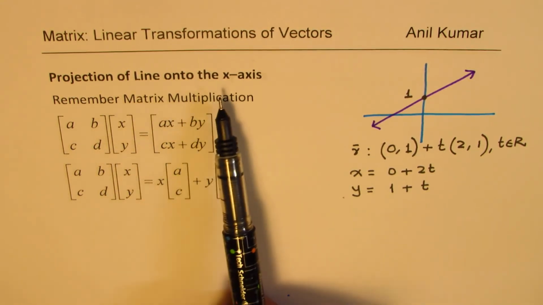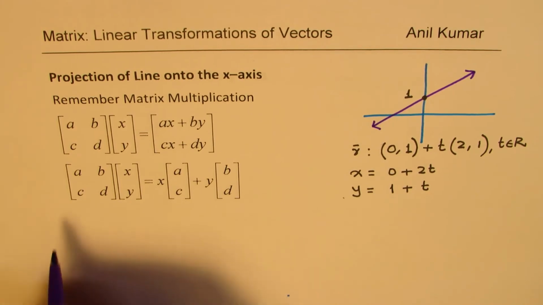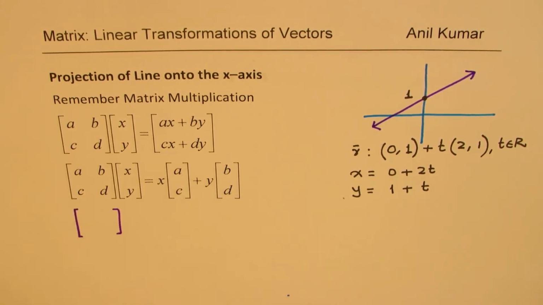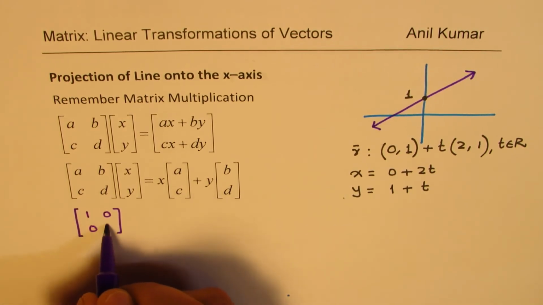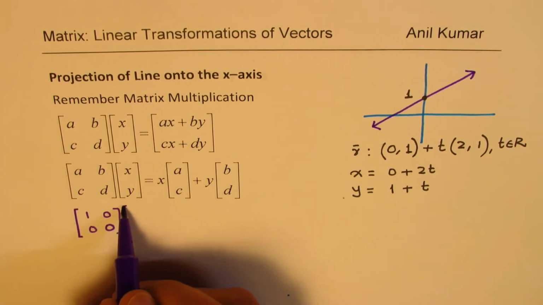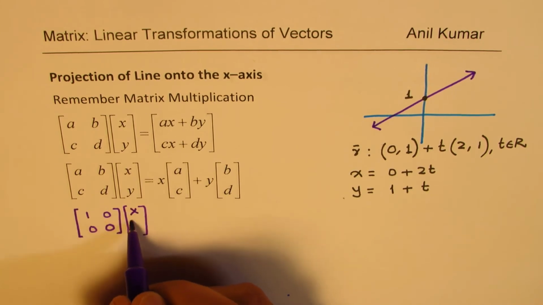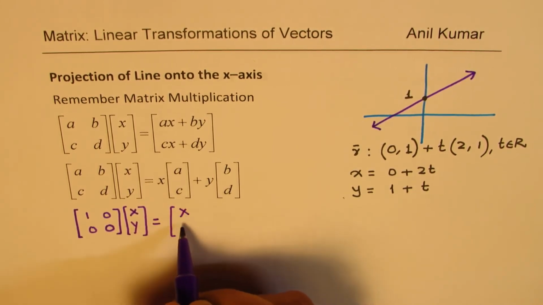What we just learned about projection on the x-axis was that the 2 by 2 matrix which can do this projection is 1, 0, 0, 0. So when you have any point x and y, the result is x and 0.